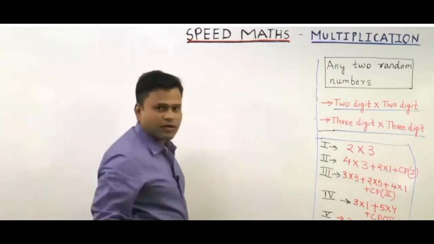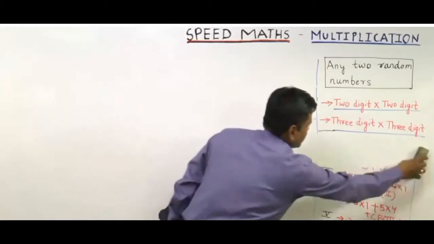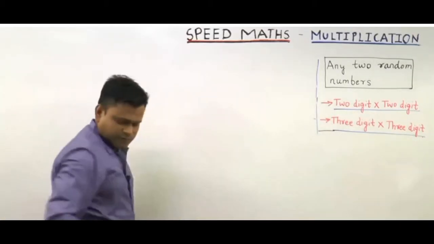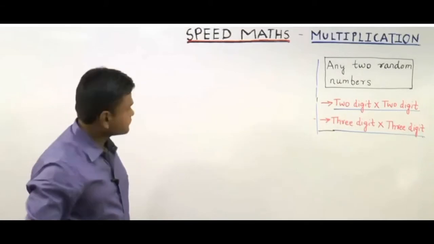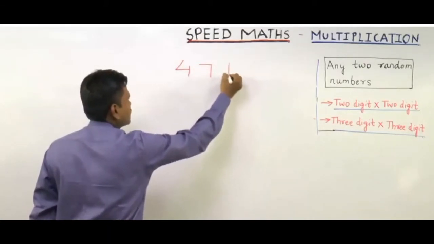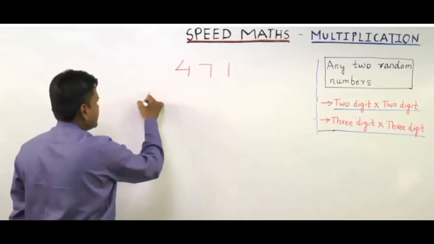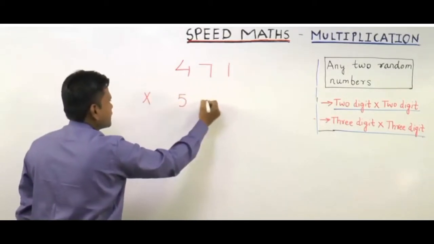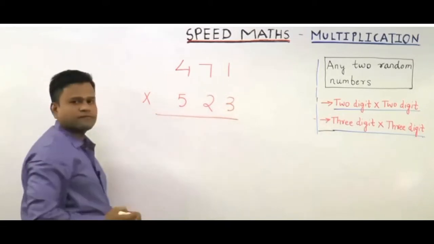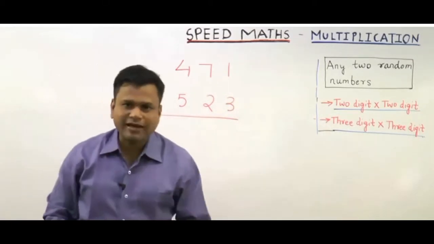In a very systematic way, we'll see that. Now, it could be any of the numbers which you can actually take. So let's see that. Number here, 471. Let's say the other number is 523. We need to multiply these two and check for the value.